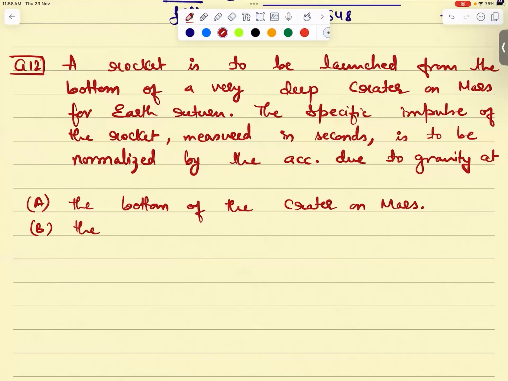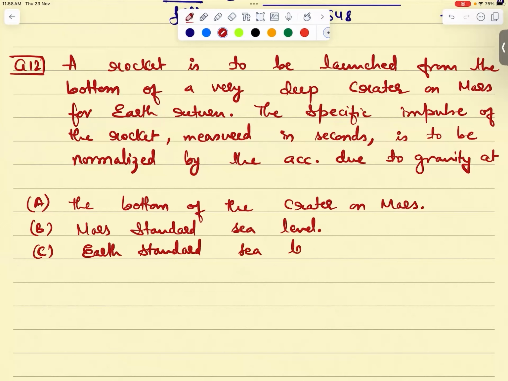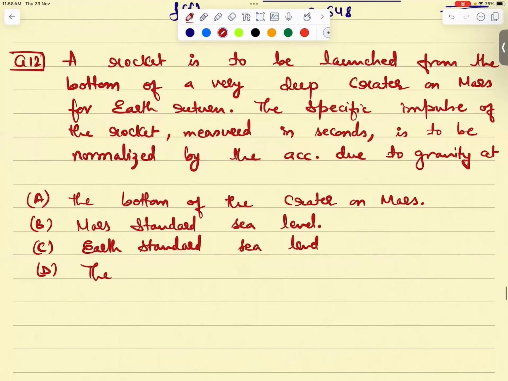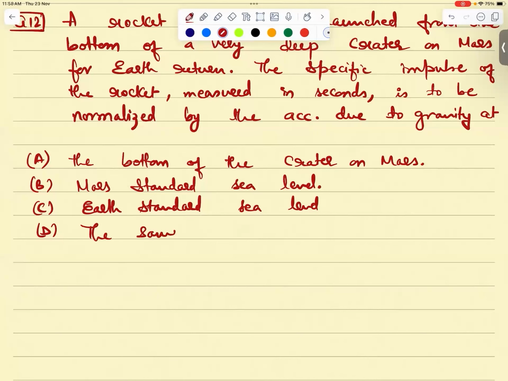B, at Mars standard sea level. C, Earth standard sea level. D, the same depth of the crater on Earth.